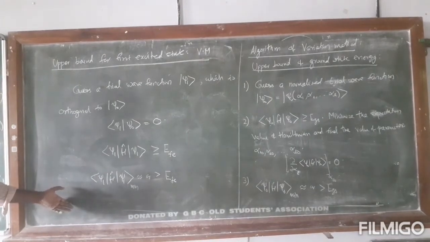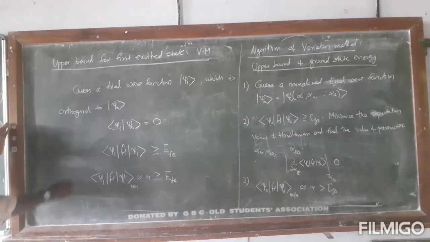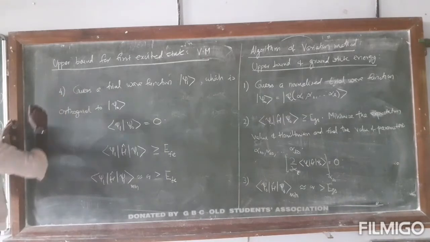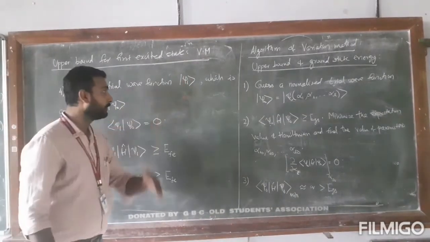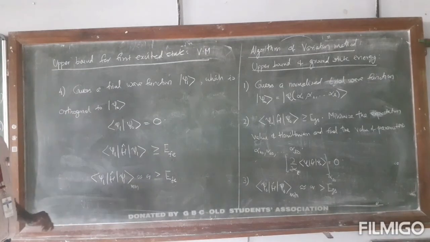Okay, in order to find the excited state, I can write a trial wave function psi 1, which is orthogonal to psi 0.